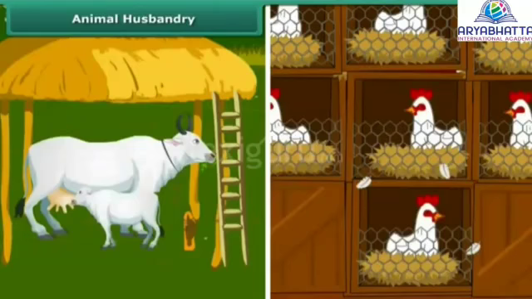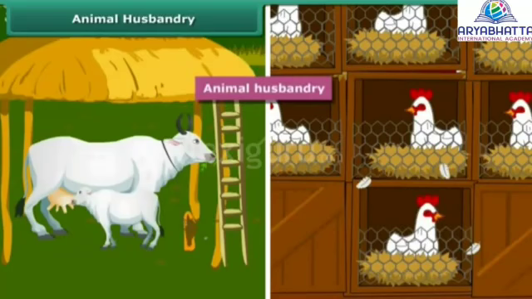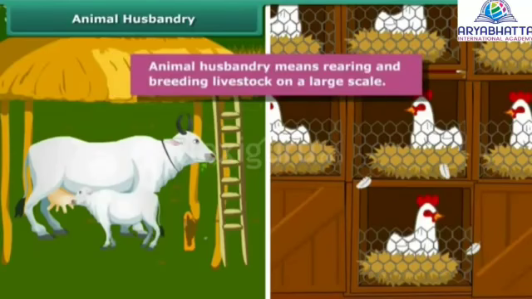You will be surprised to know that just like the process of crop production, animals are also reared at home or in farms. They are provided with proper food, shelter, and care so that they provide us healthy food to eat. This process is called animal husbandry. In other words, we can say that animal husbandry means rearing and breeding livestock on a large scale.